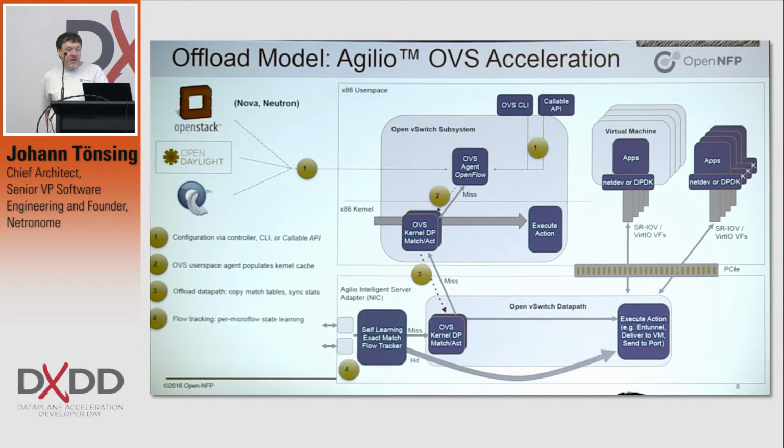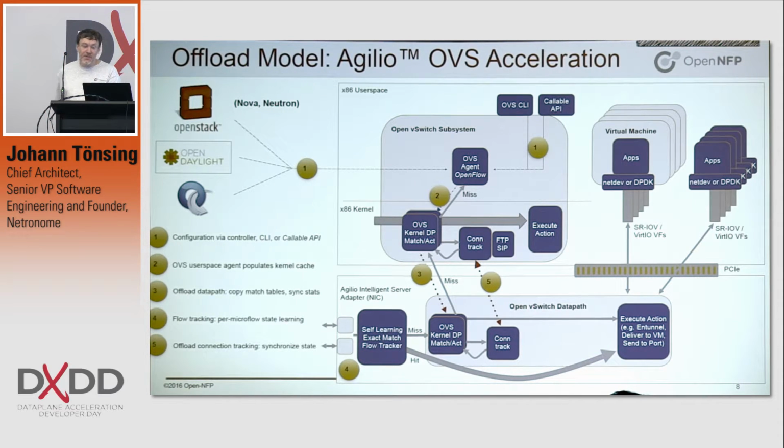And in addition to that, on these SmartNICs, we also have an exact match flow tracker up front to further speed up matching. The net of it is that even conntrack firewalling could be offloaded in the same way, with the tables being synchronized.